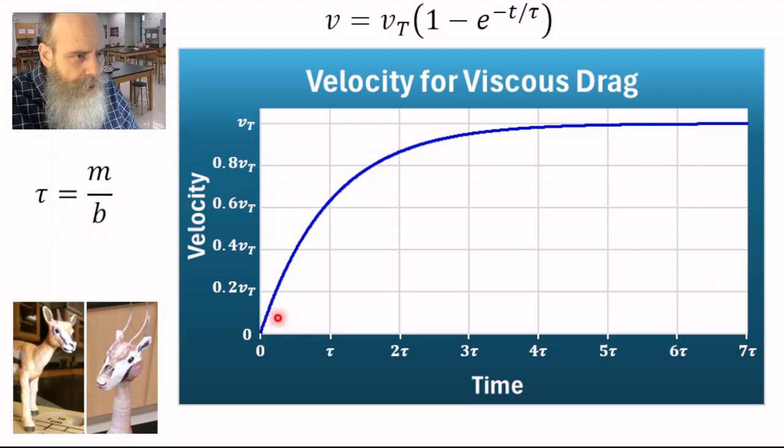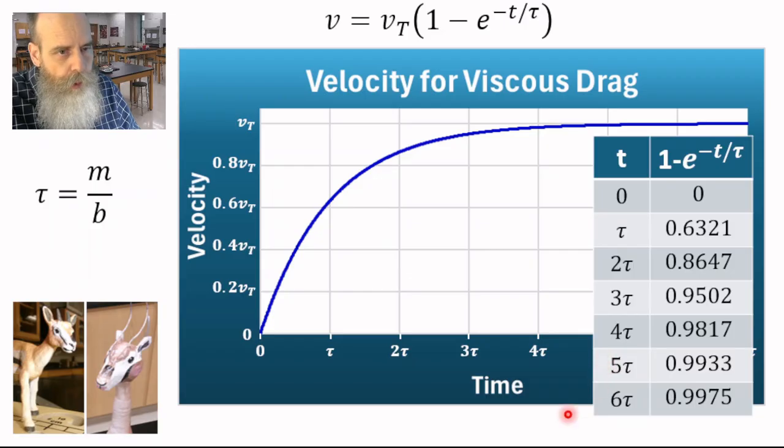As it increases, the slope of the tangent line becomes smaller and smaller. That means the acceleration is becoming smaller. Eventually, the slope becomes equal to 0 over here, and it moves at constant velocity, the terminal velocity. So after a time of about 5 tau, it has reached the terminal velocity.